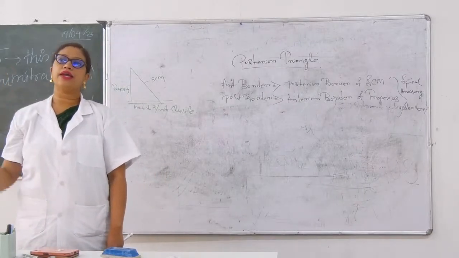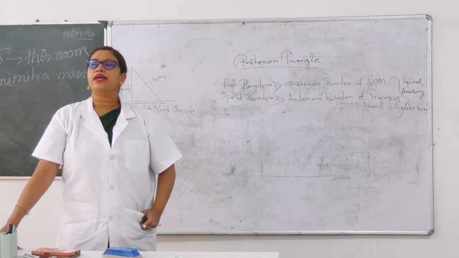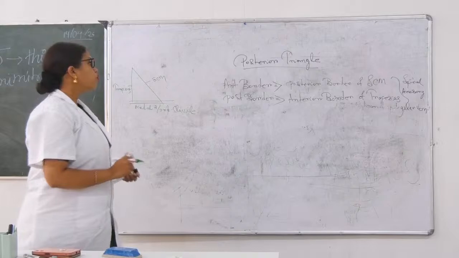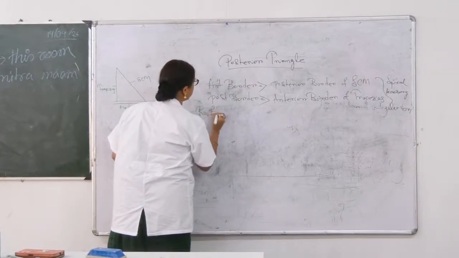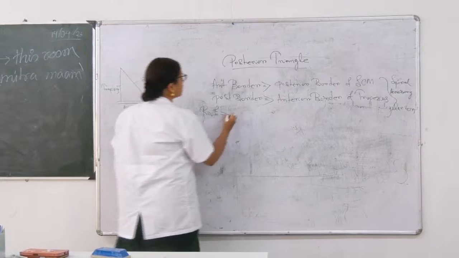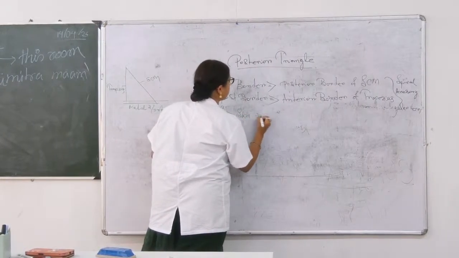What about the posterior triangle? Again, write it down. Posterior triangle. The roof is formed by. So, if you are talking about the roof, how does the roof form? So, number one is skin. Okay. Then comes superficial fascia.